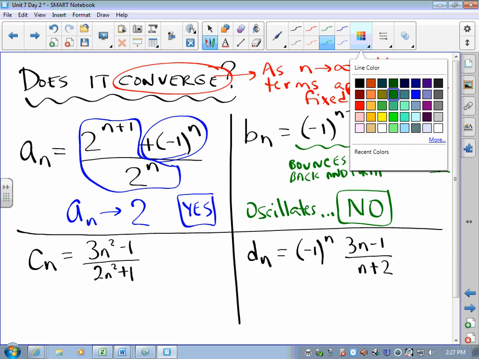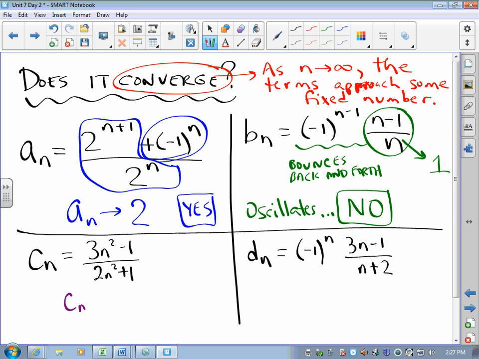Third, C sub n. As n gets larger and larger, the -1 and the +1 don't have much of an effect at all. So C sub n approaches 3/2, and that answer is yes. And then D sub n, let's see.